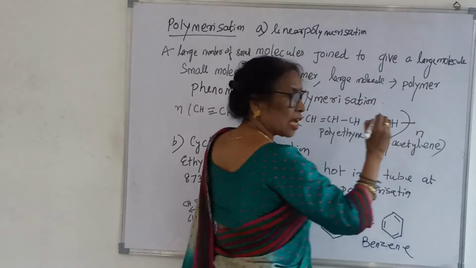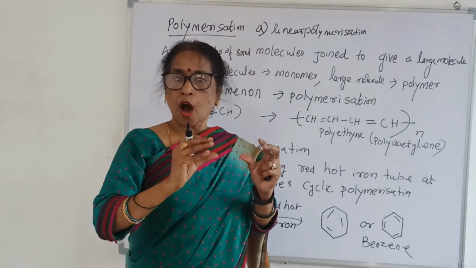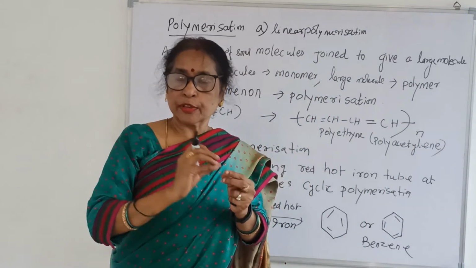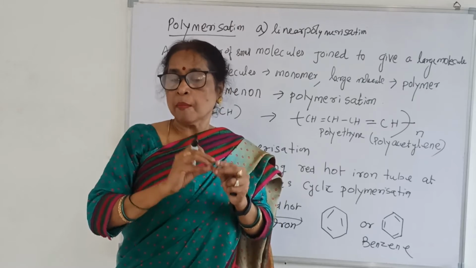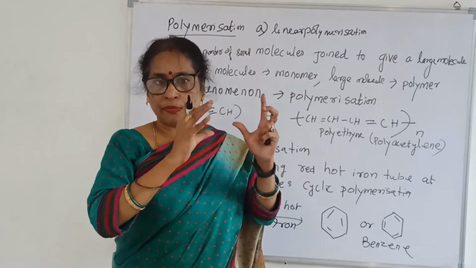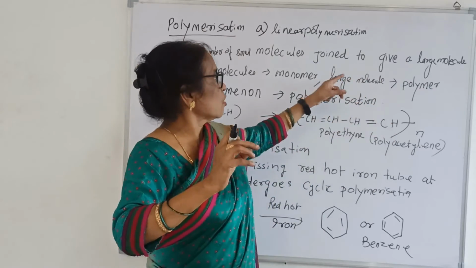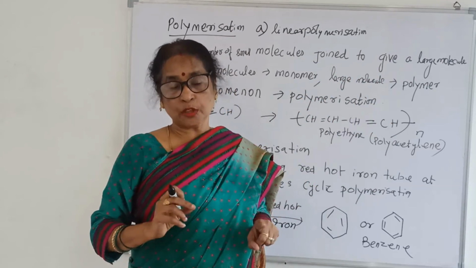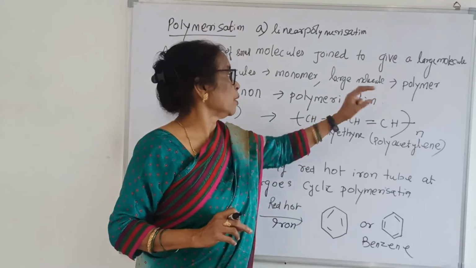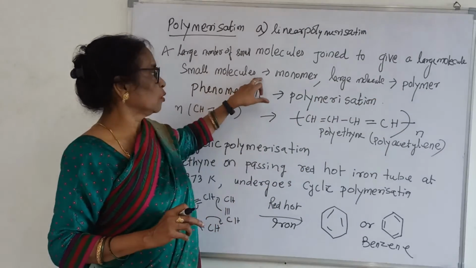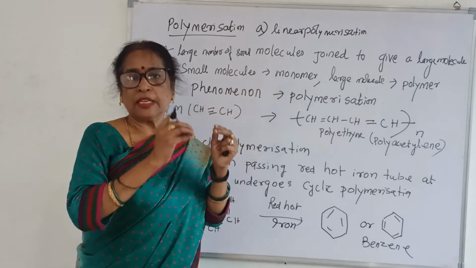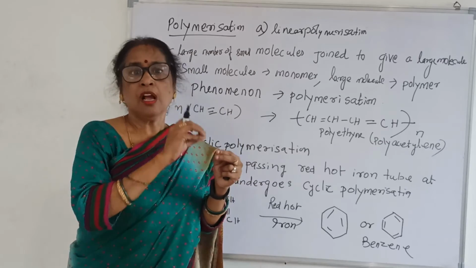Just like you see a number of flowers. If you make one garland from a large number of flowers, that garland is a large molecule, called a polymer. And the small molecules are called monomers. That means a single flower is called a monomer.